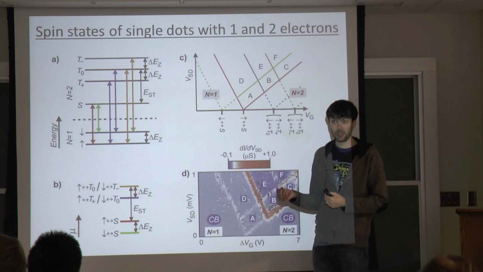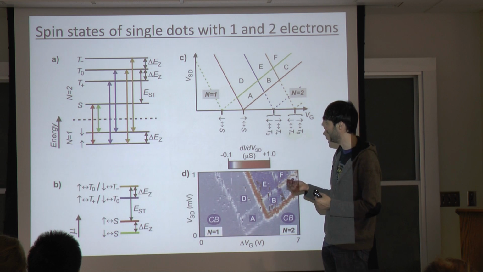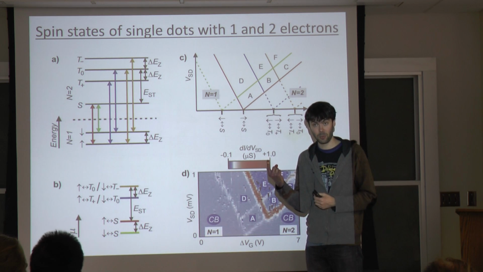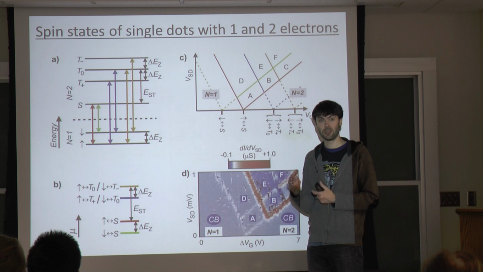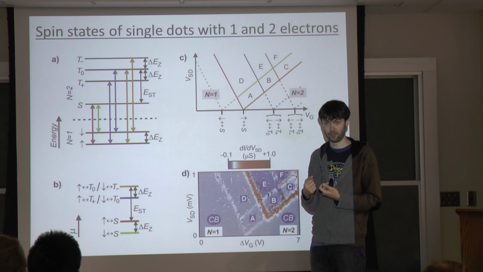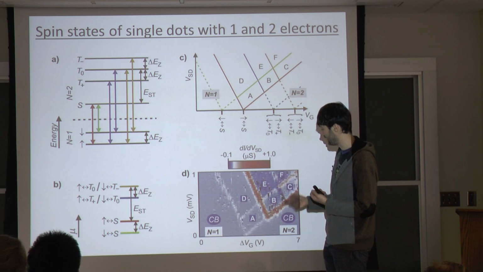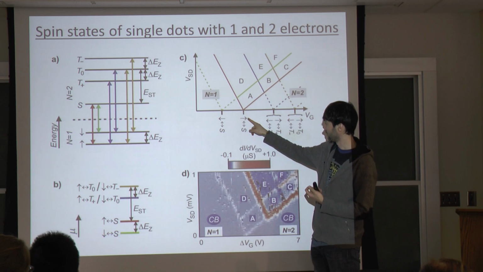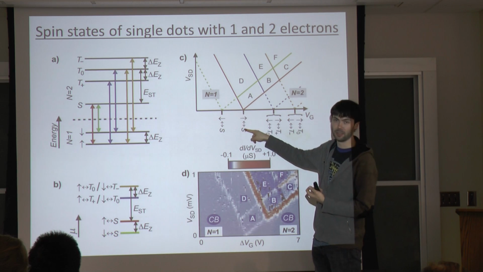If you add spin to this discussion, then the ground state of 1 electron will be spin up, and the ground state of 2 electrons will be a singlet. So in that case, this corresponds to a spin up to singlet transition.